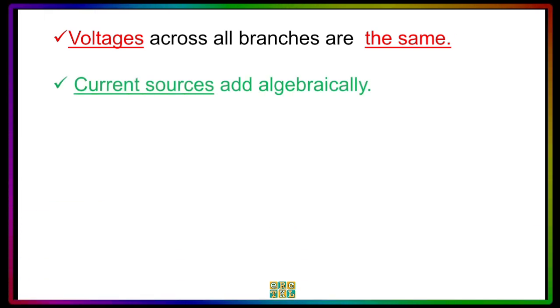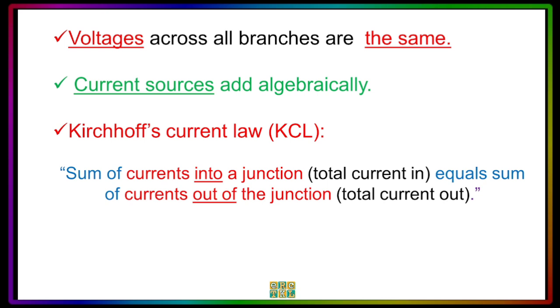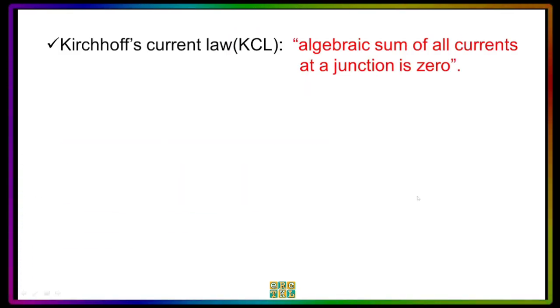The currents add algebraically, and Kirchhoff's current law, KCL, states that the sum of currents into a junction, which is the total current in, equals the sum of currents out of the junction, which is the total current out. And KCL states also that the algebraic sum of all currents at a junction is zero.